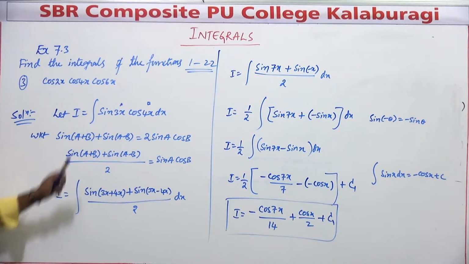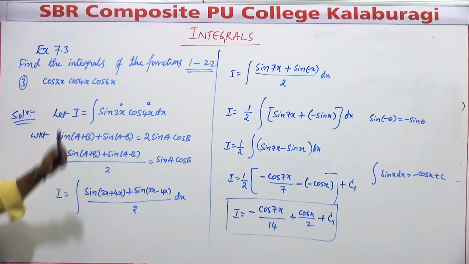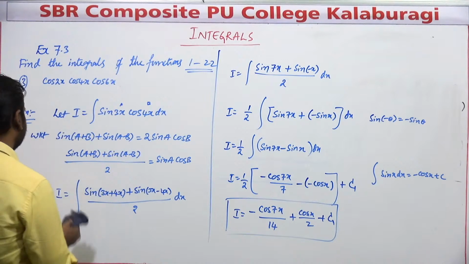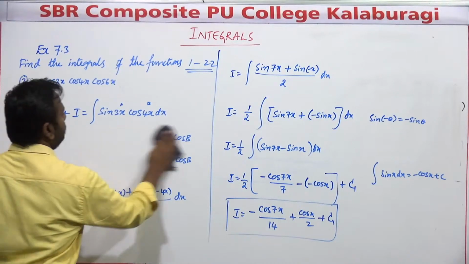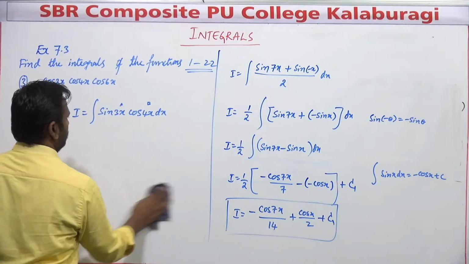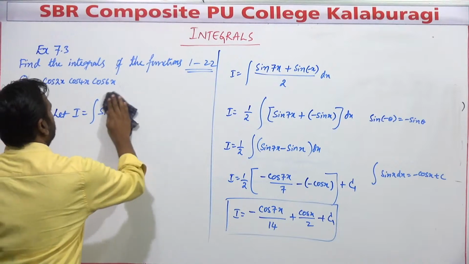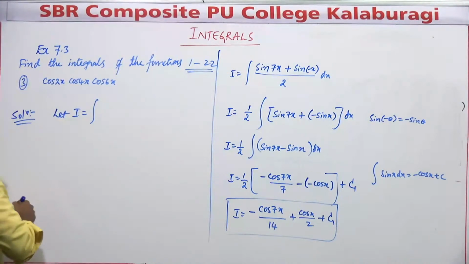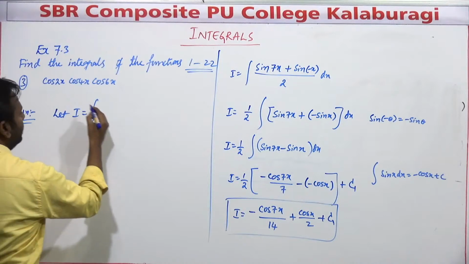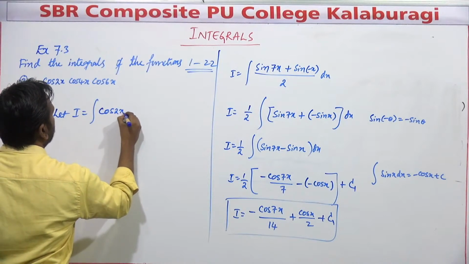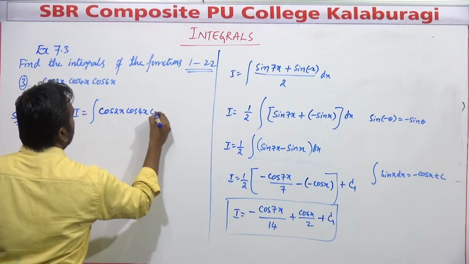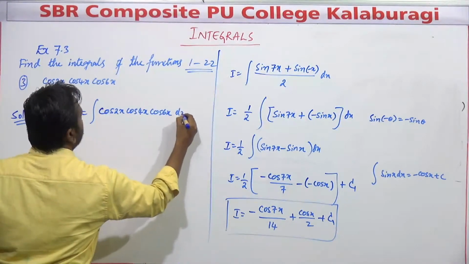So for this type of product of three trigonometric ratios, and the third one, cos 2x, cos 4x, cos 6x, we do not have any particular formula for these things, but we have to use the trigonometric identity for all these things here. Whatever may be the given question, consider it as cos 2x, cos 4x, cos 6x, right?